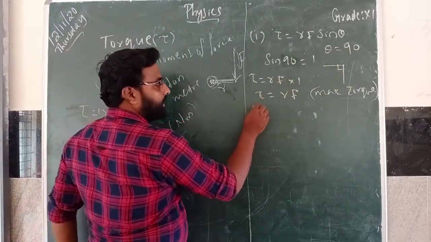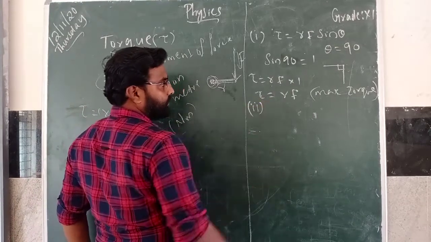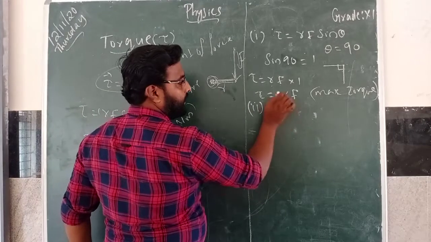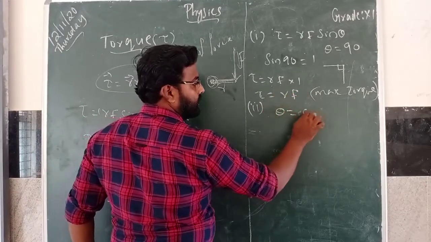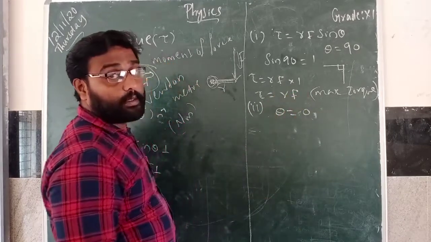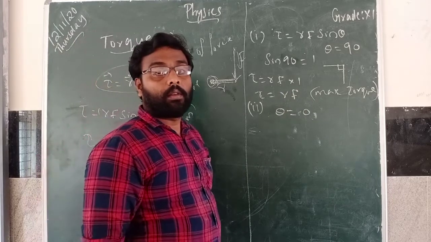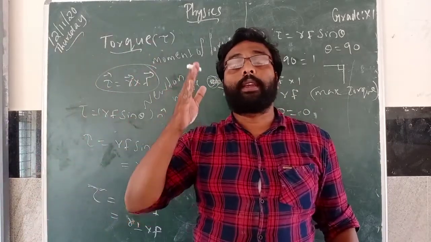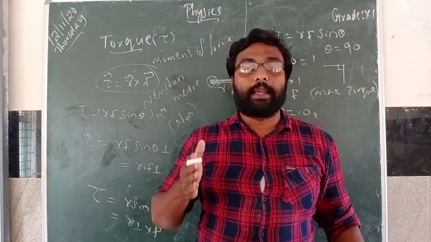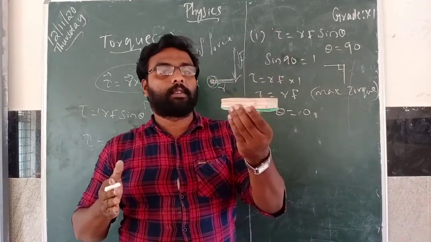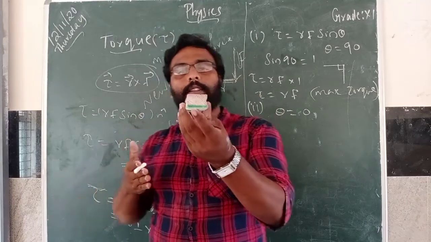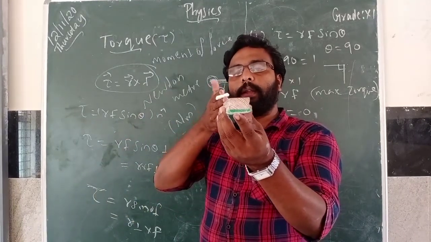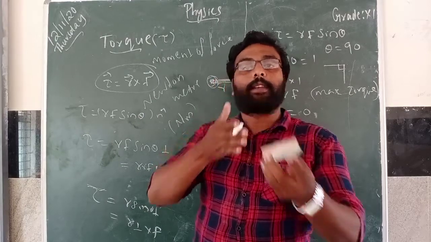Now the second case is theta equal to 0. Theta 0 means the force which we applied is in the same direction. Suppose this is the object and you are applying the force like this, straight.